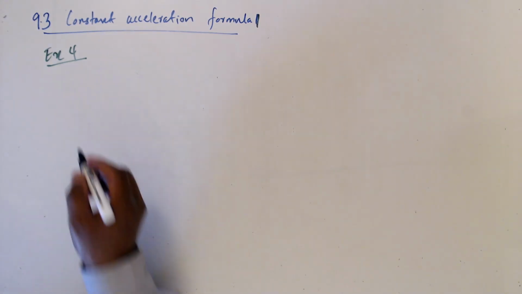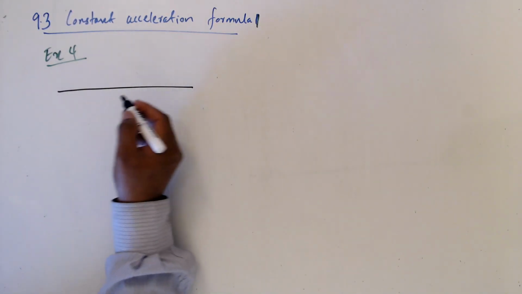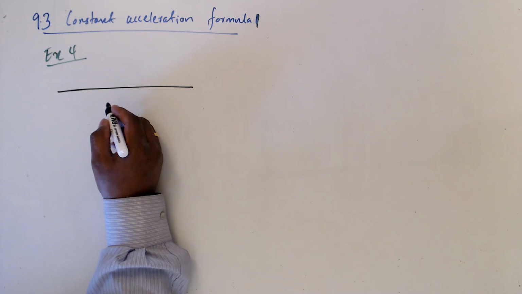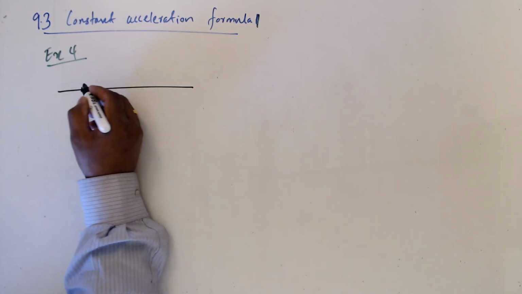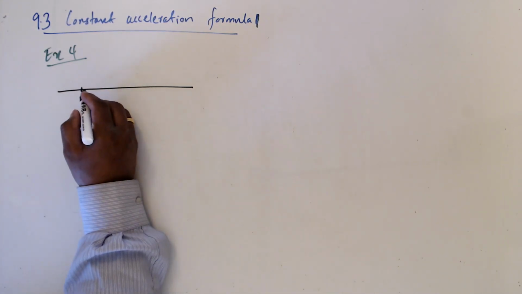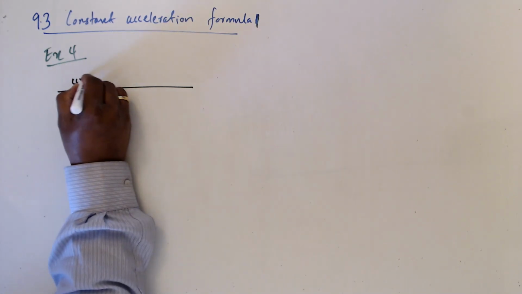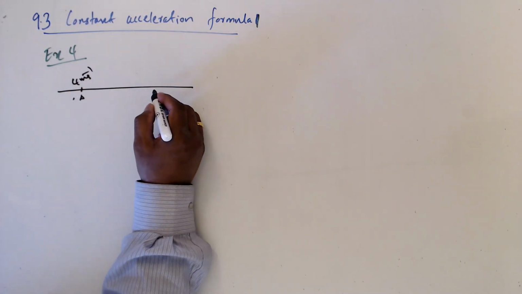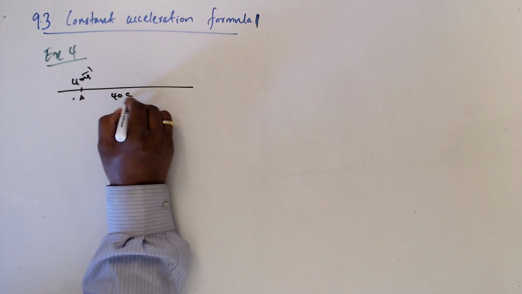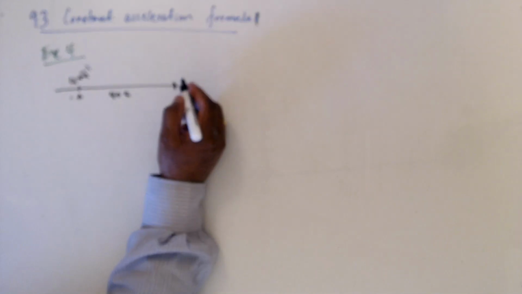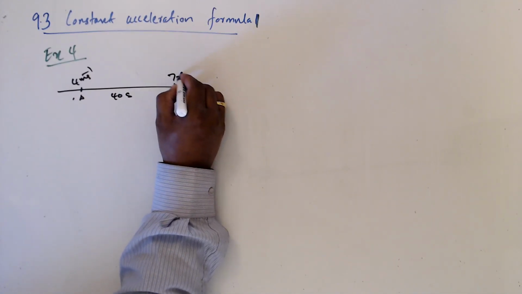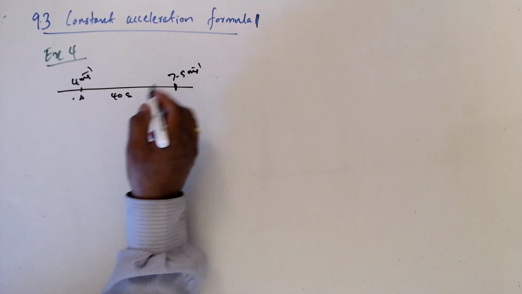Example 4. A cyclist traveling along a straight line accelerates at a constant rate from a velocity of 4 ms minus 1, and after 40 seconds it becomes 7.5 ms minus 1.